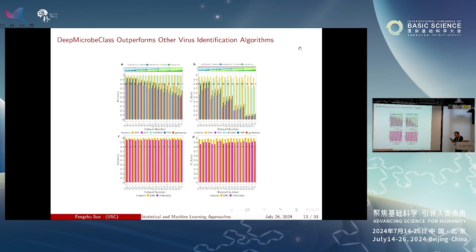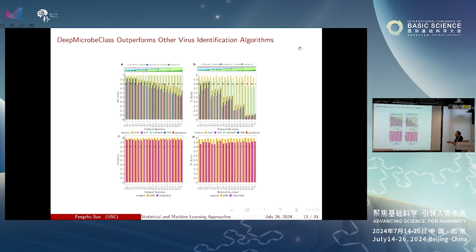Like when you do filtering, you can filter out the eukaryote, you can filter out the bacteria. Although you cannot completely filter them, you can change the combination. So what we try to do is study the accuracy in the different environments.